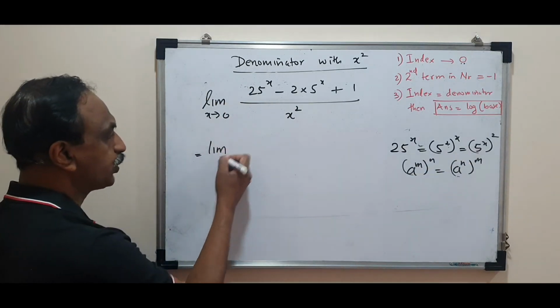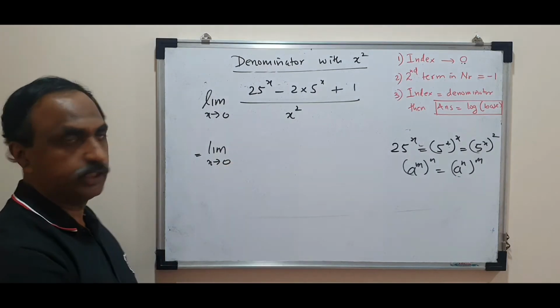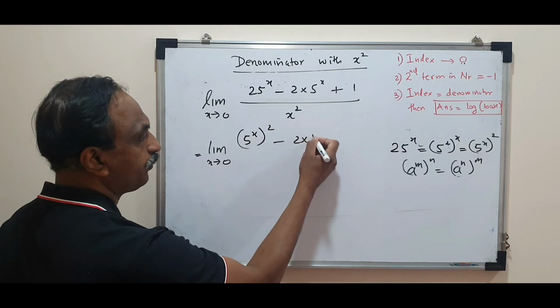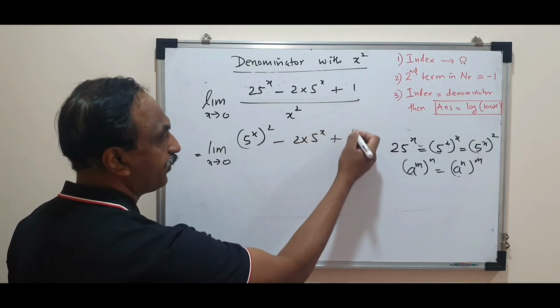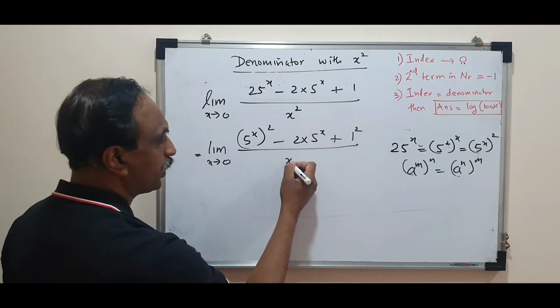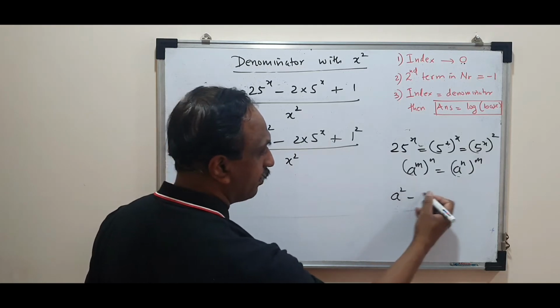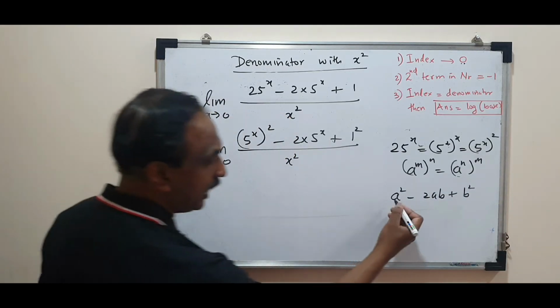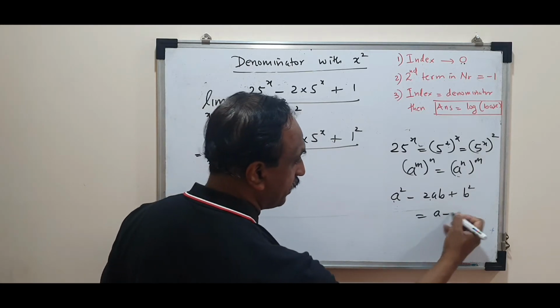So if I do so, this will turn to 5 raised to x the whole square minus 2 into 5 raised to x. Instead of 1, if I write 1 square, you will notice that it is a square minus 2ab plus b square. And you know that a square minus 2ab plus b square is a minus b the whole square.